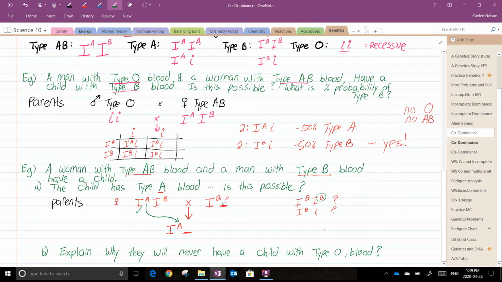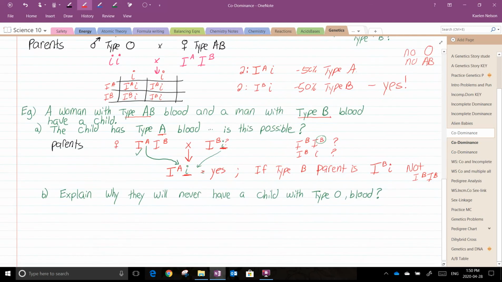However, if this were a little i, and that little i came down here, then yes, this child could actually be type A. So yes, this is possible, if the type B parent is capital I^B little i and not two capital B's.